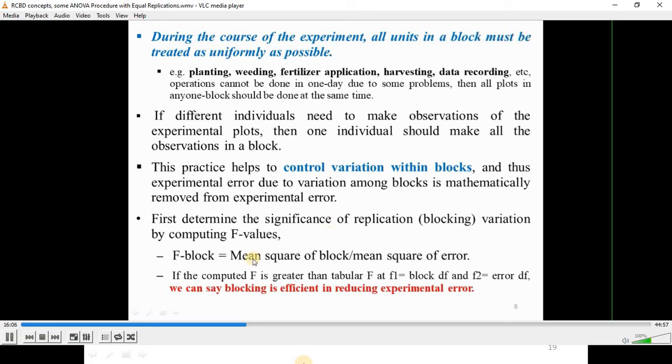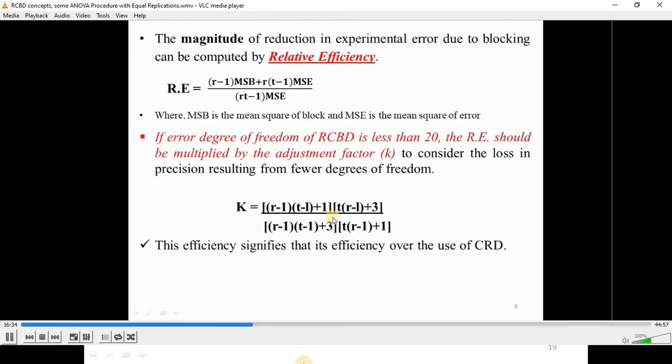First, we have to see the F block, or F calculated for block, which equals the mean square value of the block divided by the mean square value of error. If the calculated value for block is larger than the tabular value at 1 and 5%, then the block is efficient. We can say that the block is efficient in reducing the experimental error.